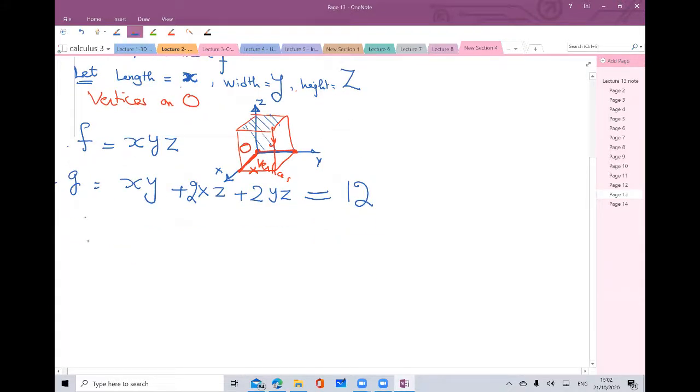So when I use the Lagrange multiplier to solve this problem, I'm going to set the gradient of f equal to a scalar multiple of the gradient of g, get my x, y, z and so on.